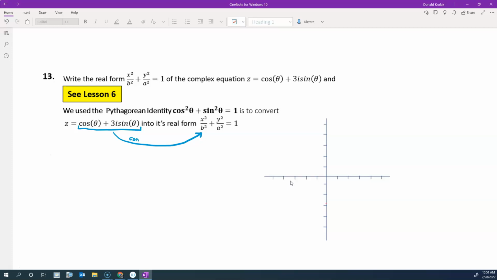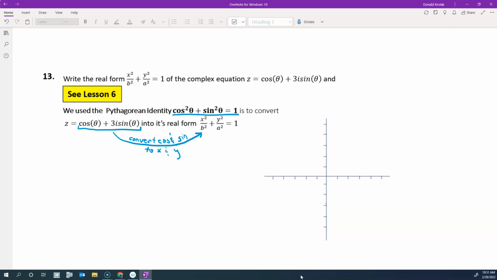So we've got to figure out how you take the cosines and the sines to x and y. The bridge, the translator that takes us from one to the other, is the Pythagorean identity.